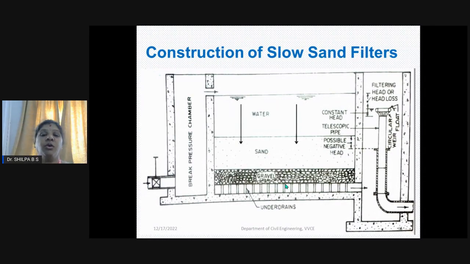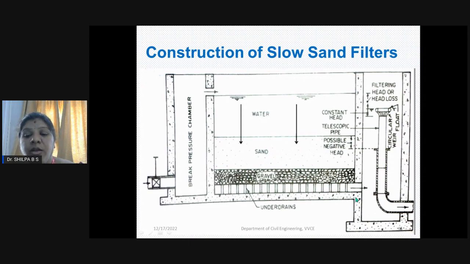So this is how the slow sand filter is constructed. There is an inlet chamber here, and in the slow sand filter, the filter bed consists of sand media, followed by gravel, which is placed above the under drains.